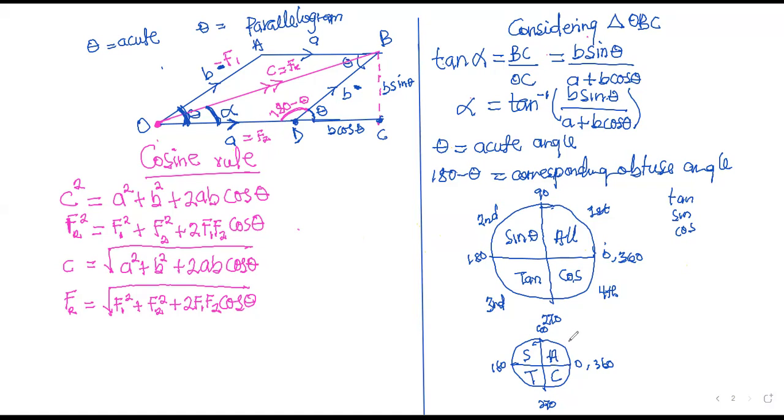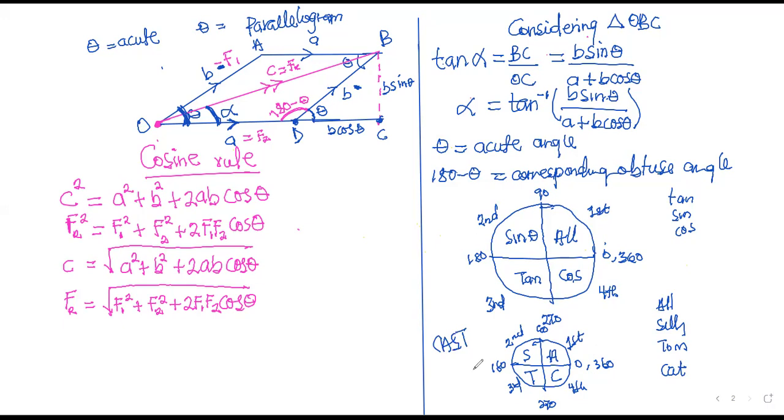We are doing it in the order of first, second, third, and fourth quadrant. So we are all silly tomcats. All silly tomcat. Just to help you remember, other books also use CAST.